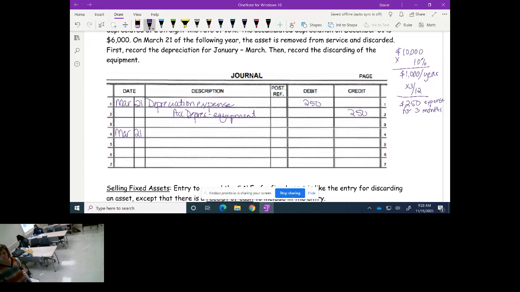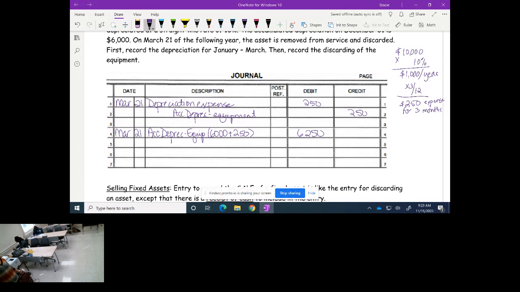So how much will we debit? 6,000 plus 250. So we're going to debit accumulated depreciation 6,250.